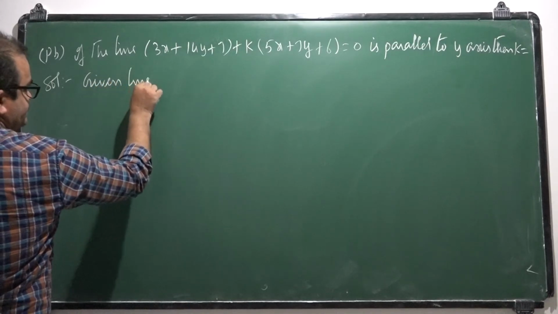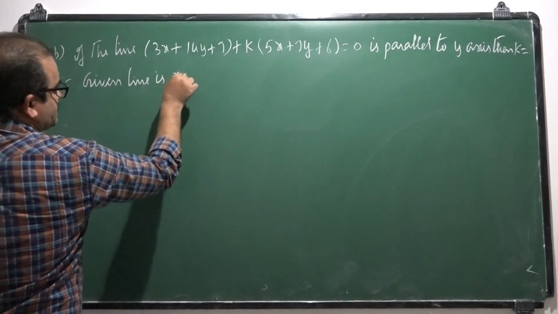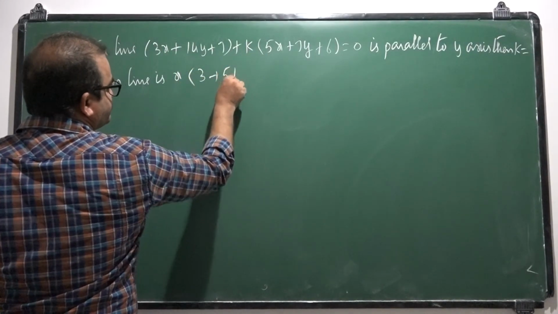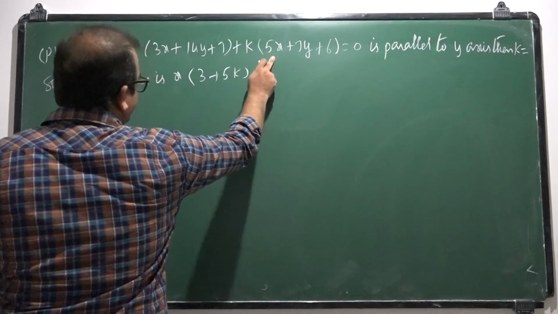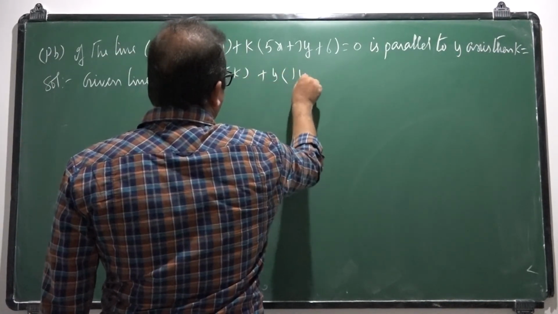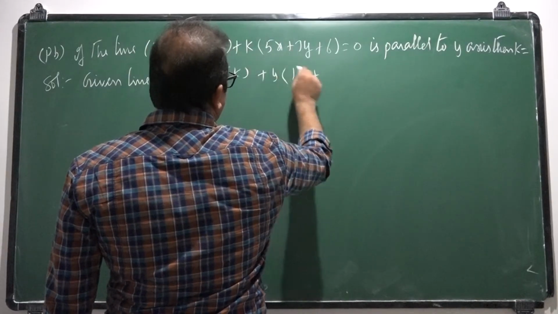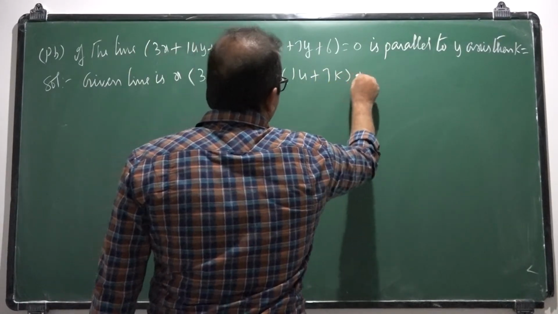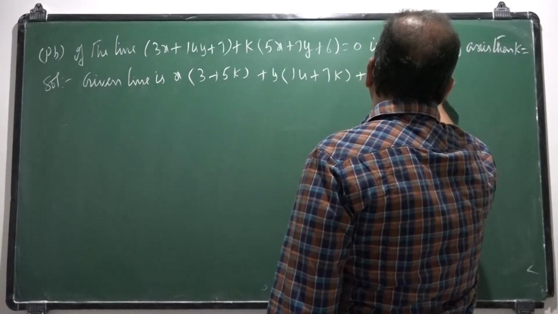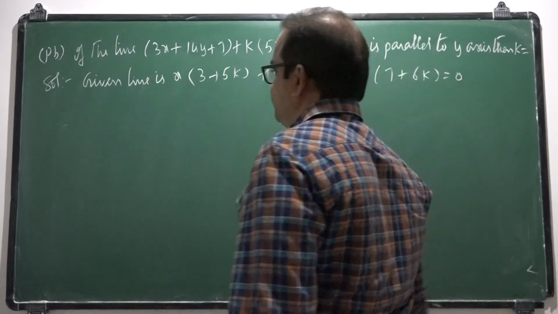Write this equation as: the given line is, take x common, x into (3 + 5k), taking this k into the bracket, plus y into (14 + 7k), constant term 7 + 6k is equal to 0.